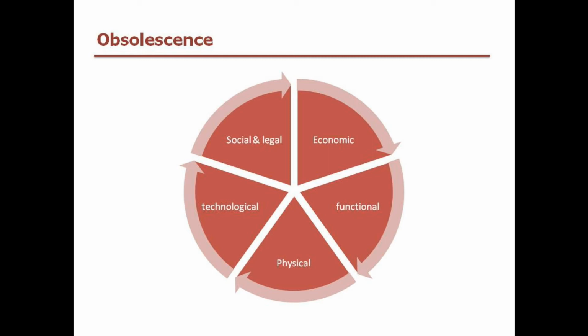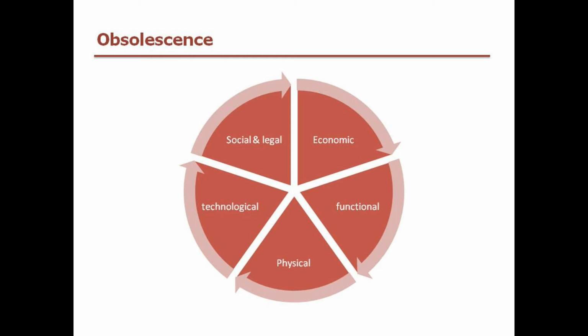The physical life as well, which is the duration until the building or components of the building actually collapse and are not usable anymore. Technological obsolescence, and this is occurring a lot, from anything from lift controller parts right through to shading, air conditioning, that type of thing, where the component is no longer superior and alternatives and replacement need to be undertaken.